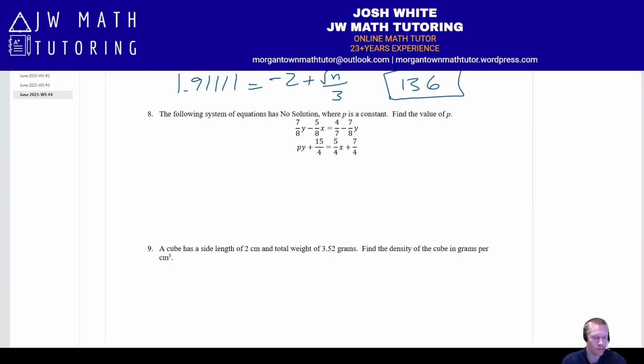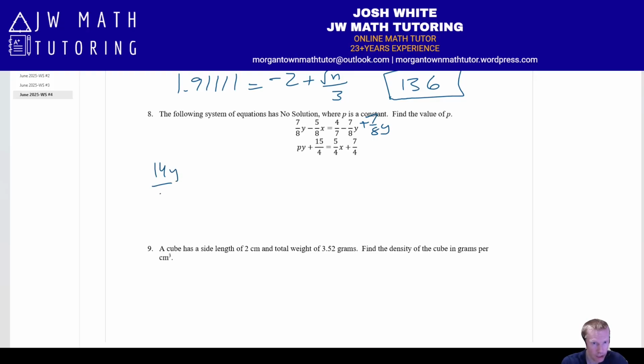So if you want to do this by hand, the way that I would do it is I would move everything over. Basically, I would get everything into slope-intercept form and then equate the two slopes. So on the top one, that means adding 7/8 y to both sides.